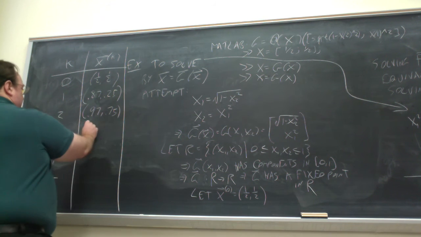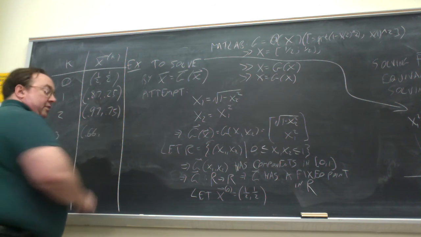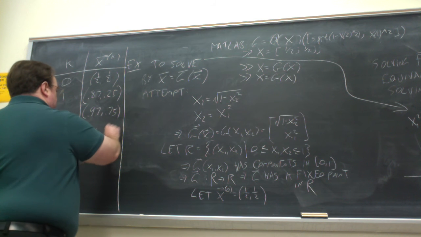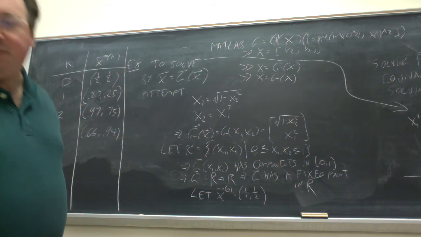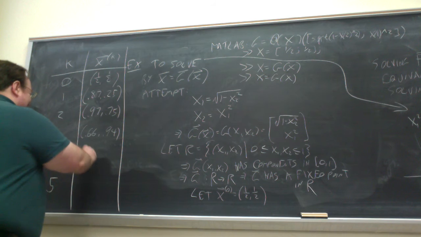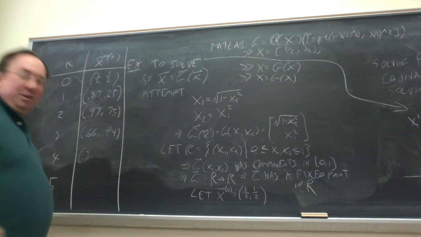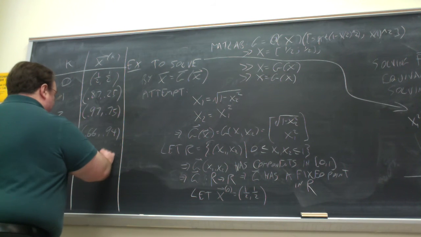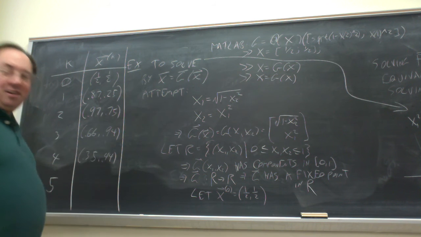Okay, and then 0.66, 0.94. Seems to not really know where it wants to go. Then 0.35, 0.44. So it's being kind of psychotic.